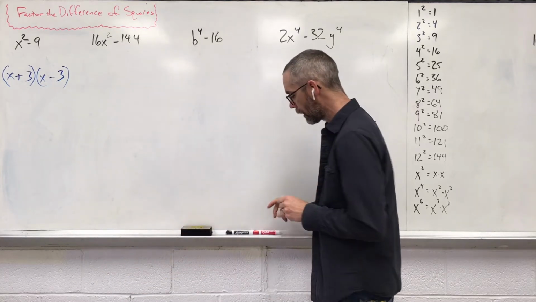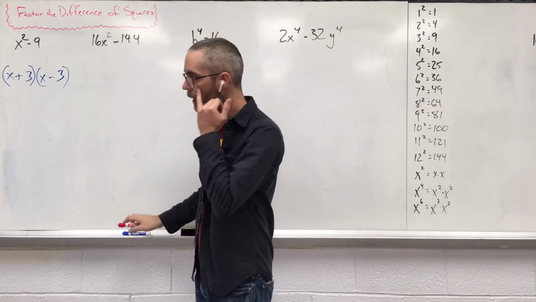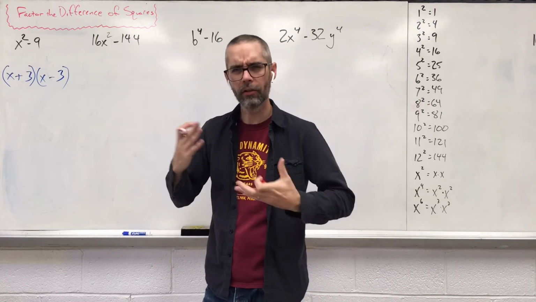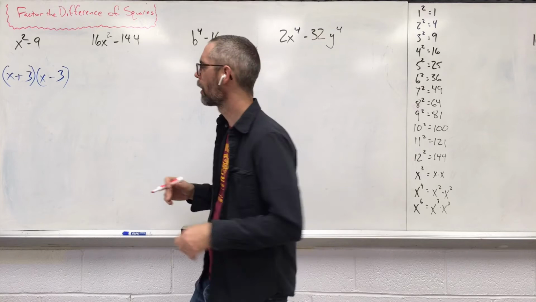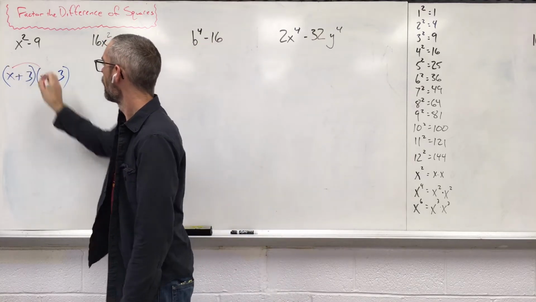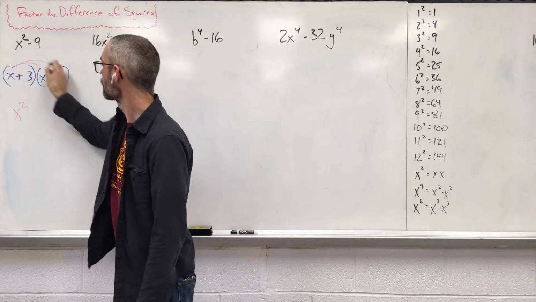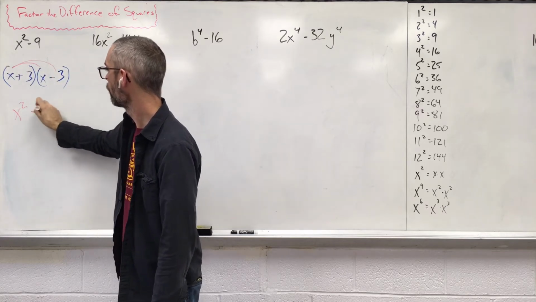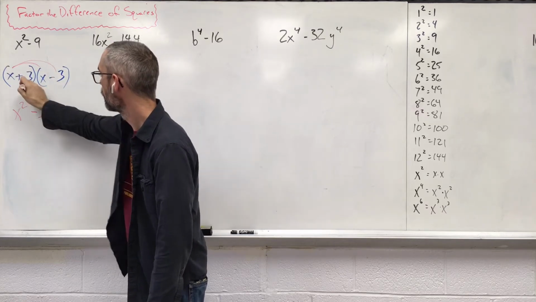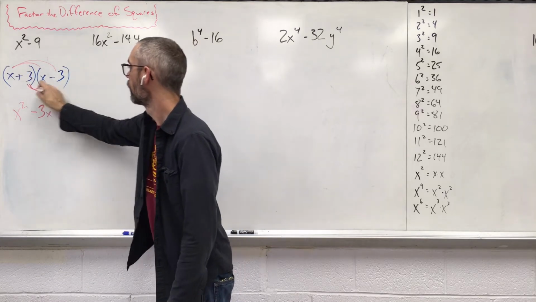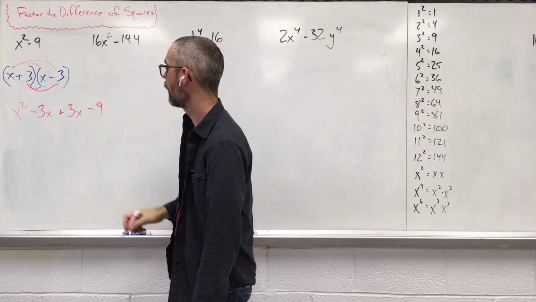If we're not sure about what's happening here, let's double check and see if this is the correct answer, so we don't have to keep doing the same process over and over again. x and x gives us x squared. x times negative 3 gives us negative 3x. Distribute the 3, positive 3x, and then negative 9.